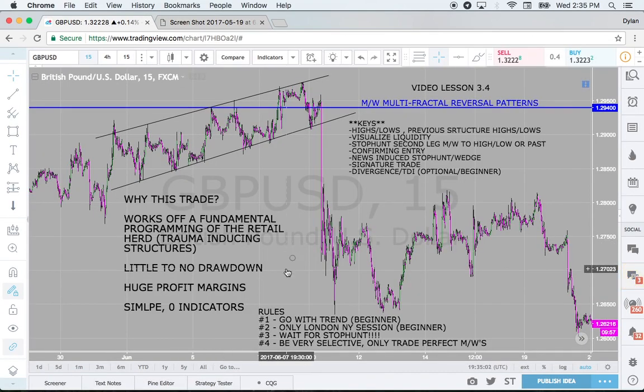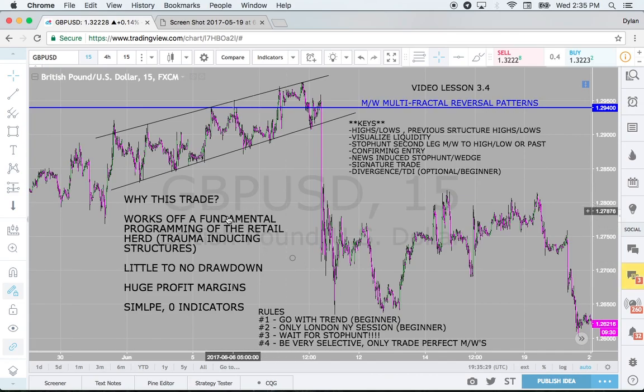And basically we have pointed out or linked these two structures together, these two formations in the market, and why they happen.